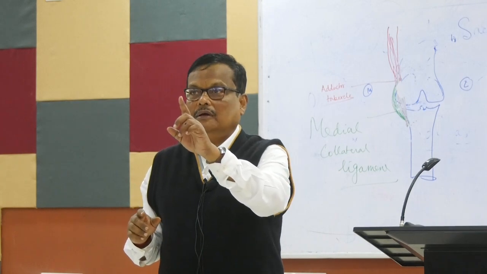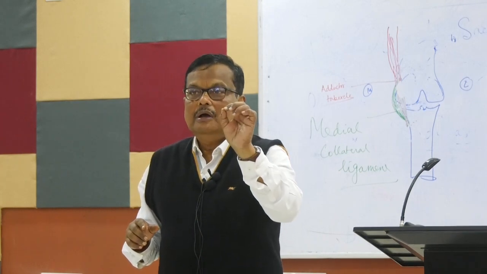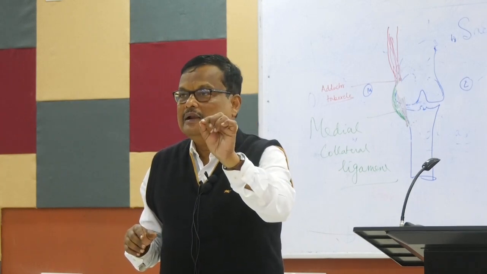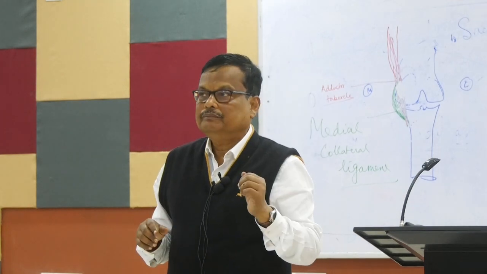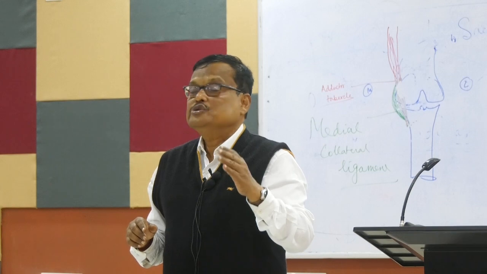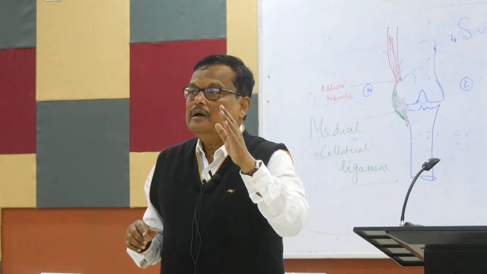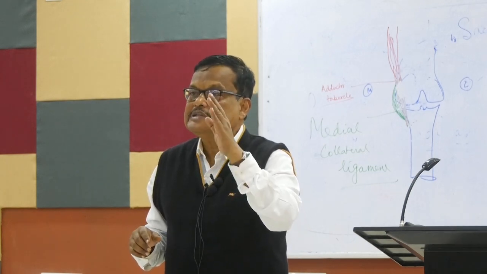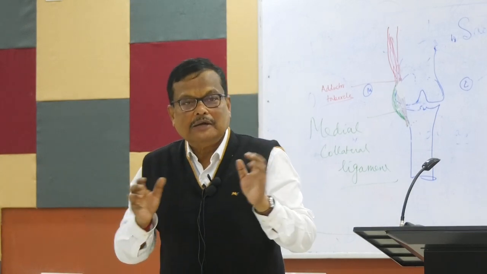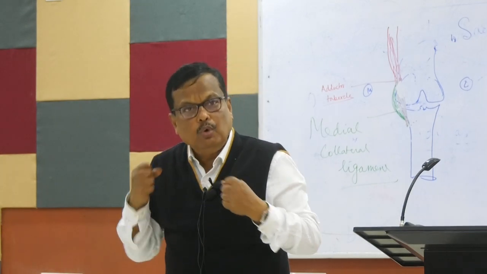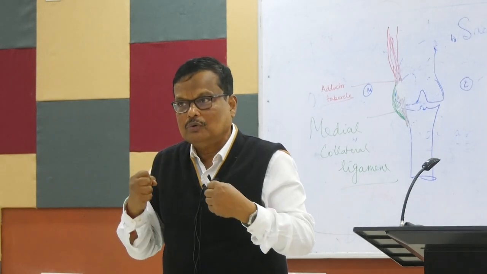Listen carefully. Few fibers of the popliteus muscle are attached to the lateral meniscus through the capsule. ভালো কথা. Muscle can act, muscle can pull. একটা muscle টানতে পারে তো.